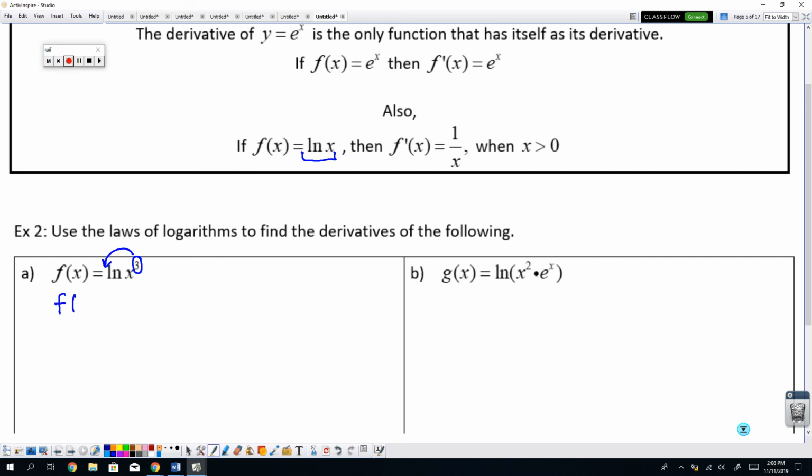That means f of x equals 3 ln x. You don't need the parentheses, but I'm putting it there to explain to you that ln x must be alone, and as of this stage, ln x is alone. Okay? So now we're going to take the derivative. The derivative is 3 times, what is the derivative of natural log of x? Oh yeah, right here, 1 over x.